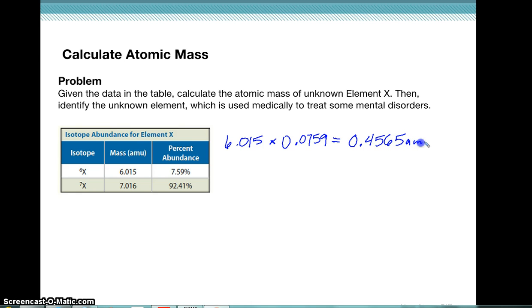Okay, then we do the same thing for the other isotope. So 7.016. We're going to multiply that by the percent abundance, so 0.9241. That gives us a mass contribution of 6.483.